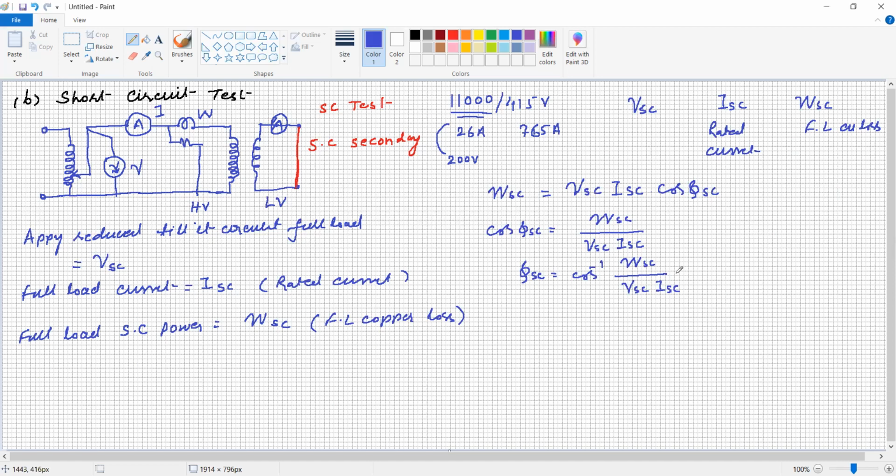Isn't it? Now, impedance of HV side, because the instruments are connected on the HV side. So the impedance on the HV side, Z2 is equal to VSC upon ISC.